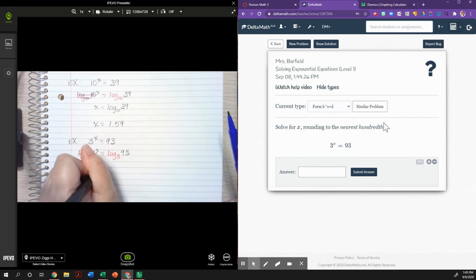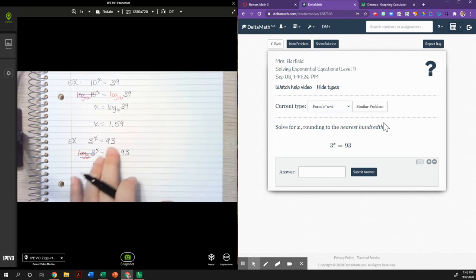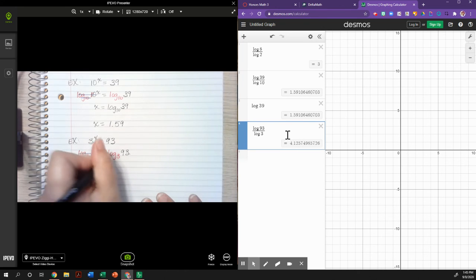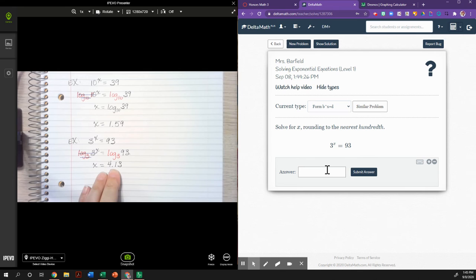So I'm left with x equals, and I'm not going to rewrite this anymore because I think now you've got it, because this is a number. So I need to figure out what that number is. So log of 93, I totally typed that in wrong, divided by the log of 3. All right, so 4.13, if I'm still rounding to the nearest hundredth, which I am, 4.13.